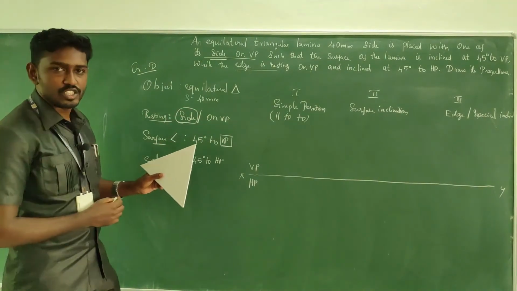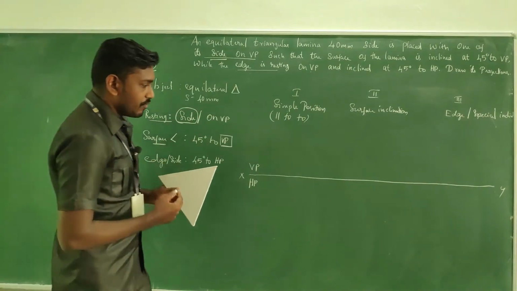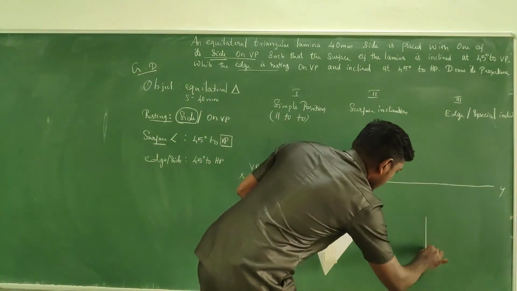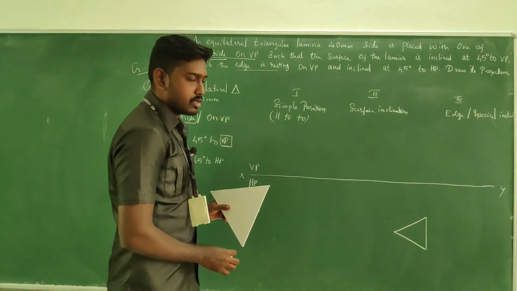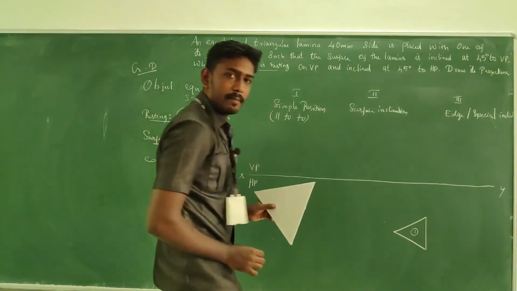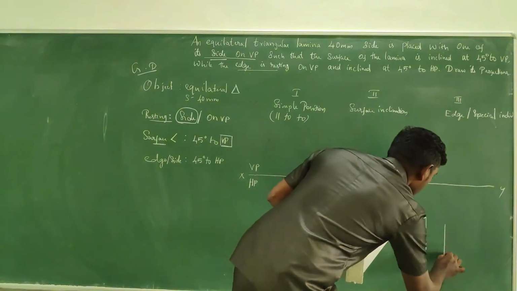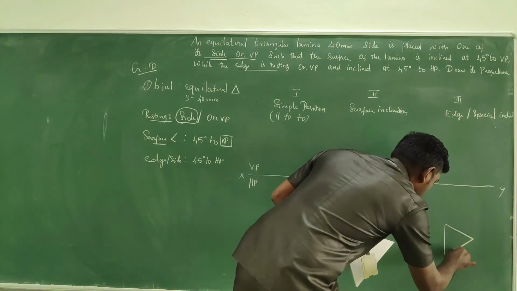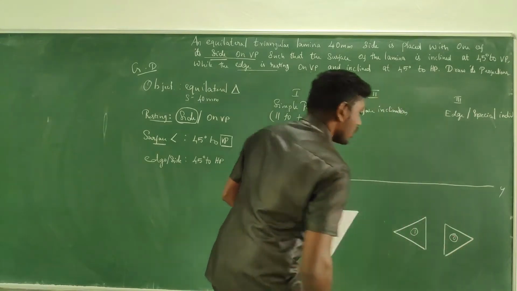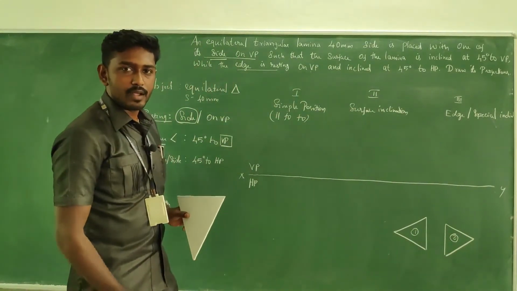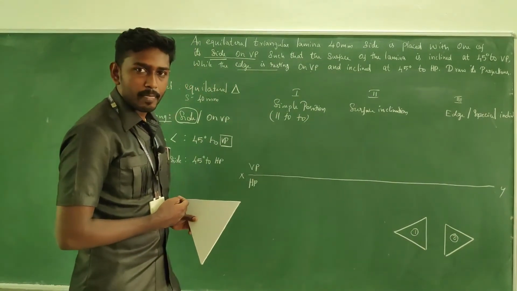One of the sides is resting on VP. While placing the triangle, I can position the object something like this, and I can take this as the first position. Similarly, I can also place my object something like this. This is also possible. Which position is right here?